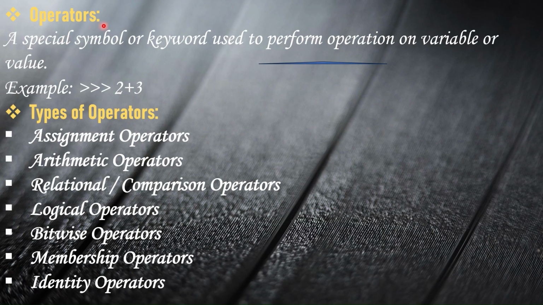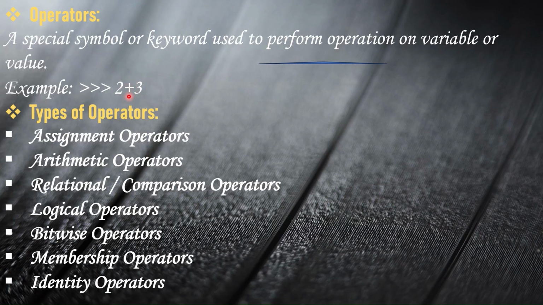So we have operators in Python. An operator in Python is simply a symbol or a kind of keyword that is mainly used to perform an operation on a variable or a simple value. Here in this example, we have 2 plus 3. The plus symbol between the values 2 and 3 is what we call the operator.